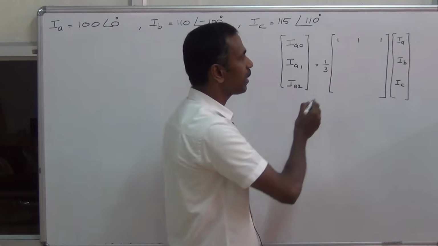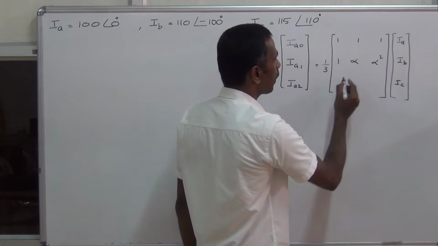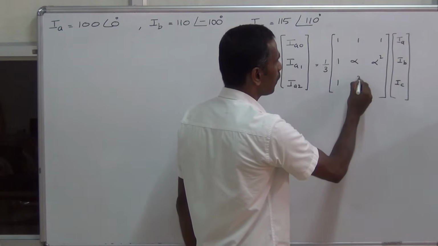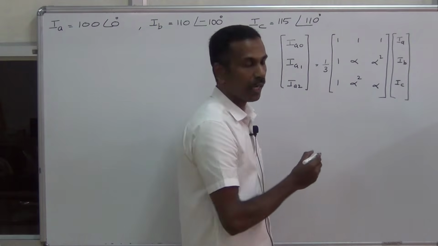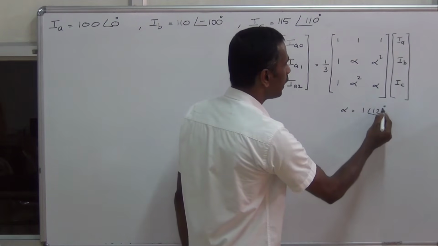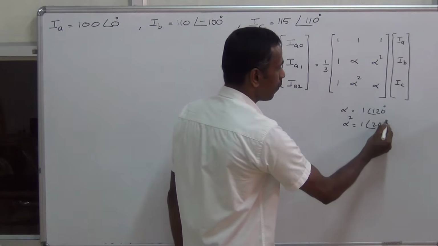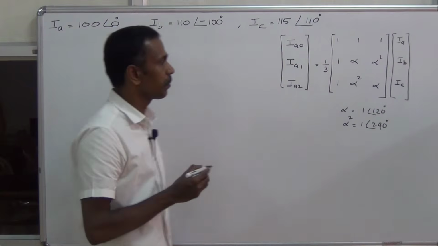The transformation matrix is 1, 1, 1, 1 alpha, alpha square, 1 alpha square, alpha. Here alpha equals 1 angle 120 degrees, alpha square equals 1 angle 240 degrees.